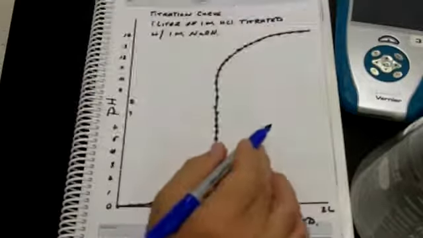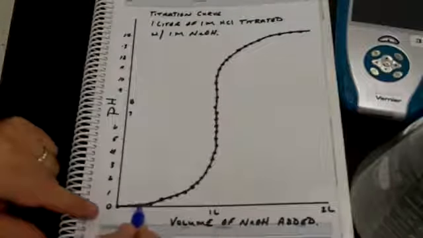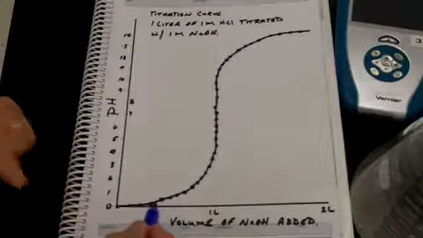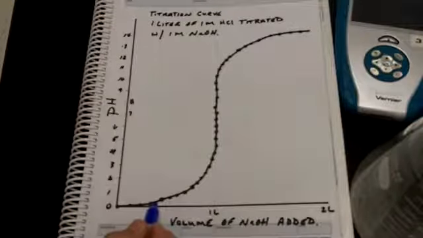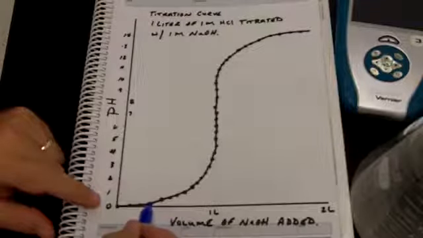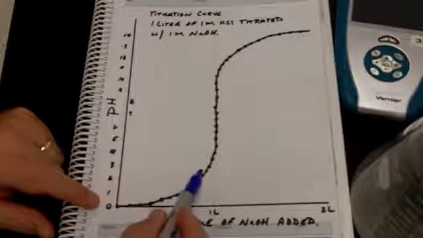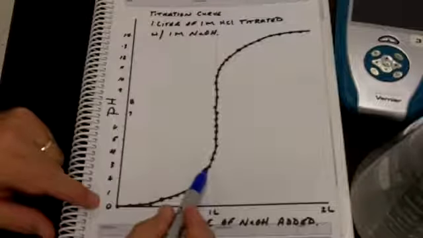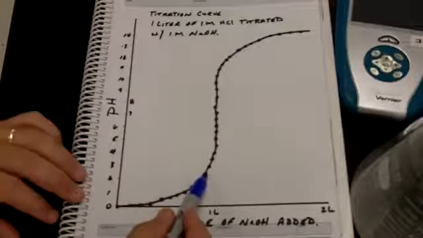So as I move from left to right, I'm adding more and more sodium hydroxide, and the hydroxide ions are kind of vacuuming up, sopping up those hydrogen ions and causing the pH to rise. First a little, but then as we get closer and closer to a certain point, the hydrogen ion concentration begins to decrease dramatically.